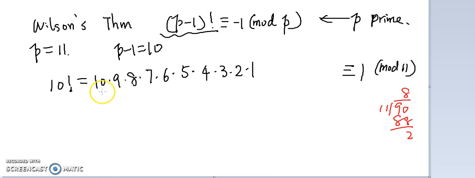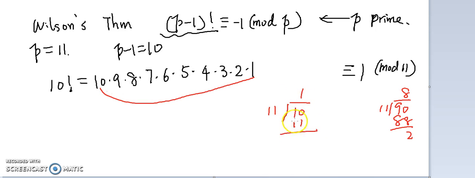But if we do 10 times 1, 10 divided by 11, the remainder will still be 10. If I subtract 11 from 10, that will give me -1. So actually, if we pair 10 and 1 up, we will still get 10, which is congruent to -1 modulo 11 by the definition.